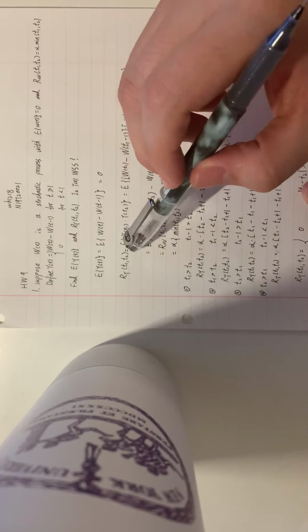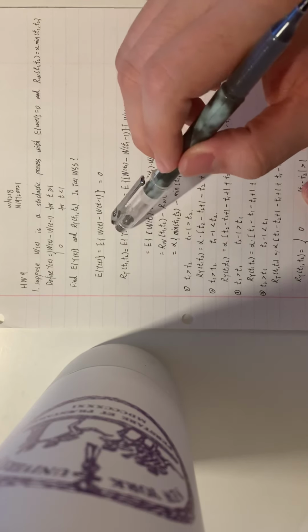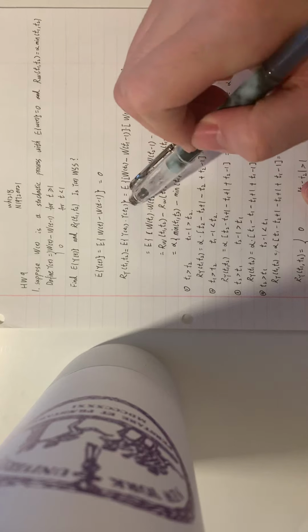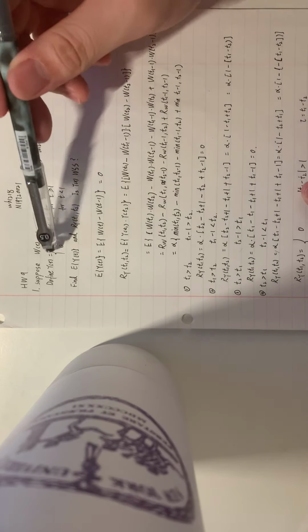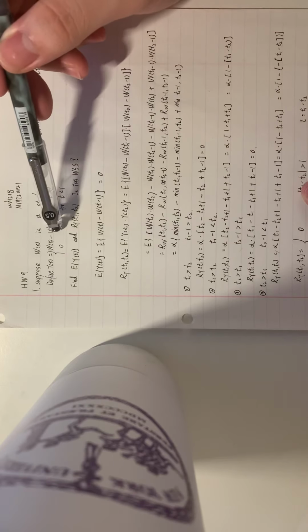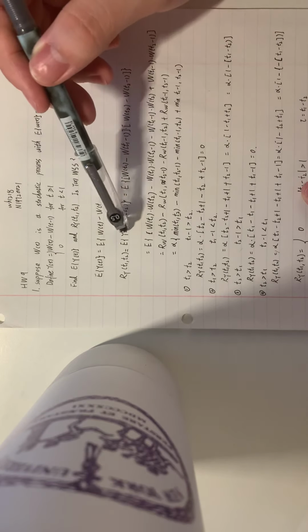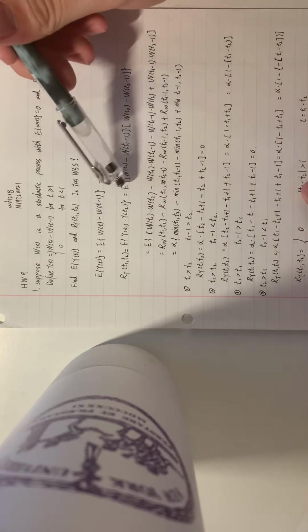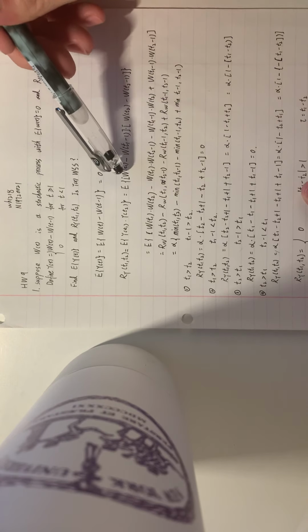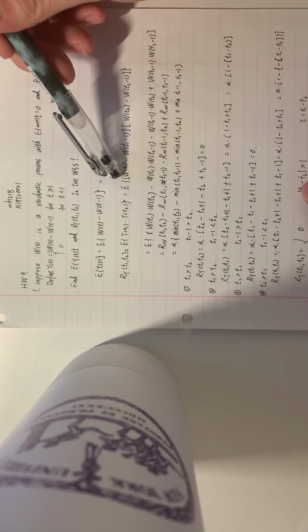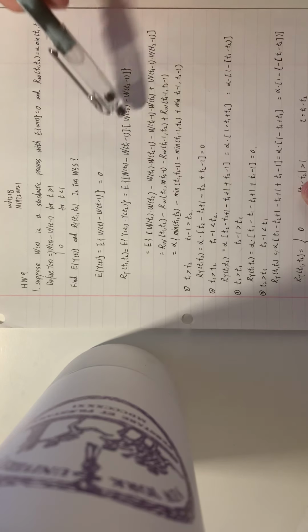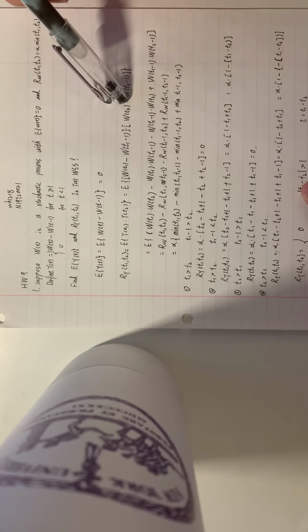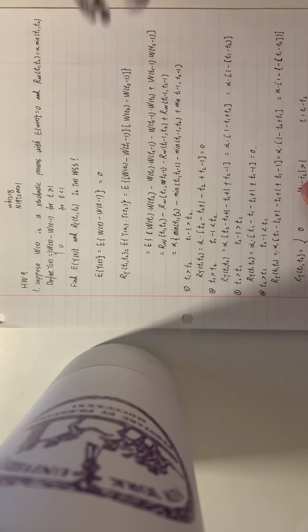R_y(t1, t2) is equal to the expectation of y(t1) multiplied by y(t2), which we can also compute using this function. Plugging it in, we get the expectation of (W(t1) minus W(t1 minus 1)) multiplied by (W(t2) minus W(t2 minus 1)).